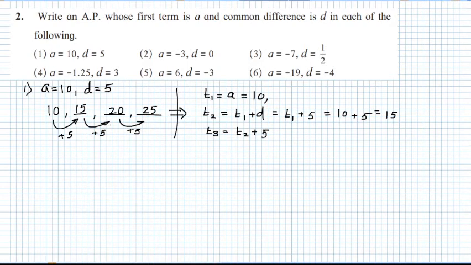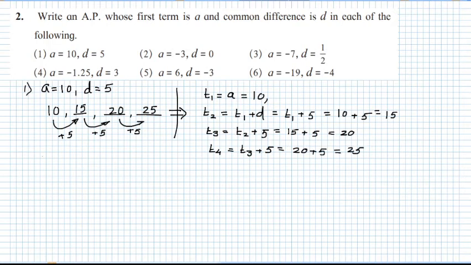That is what you have done here, right? On the left hand side. So T2 we just got 15. So 15 plus 5. So that is 20. Same way, T4. What is T4? T3 plus D. So T3 plus 5. So that is T3 is 20 plus 5. So that is 25.